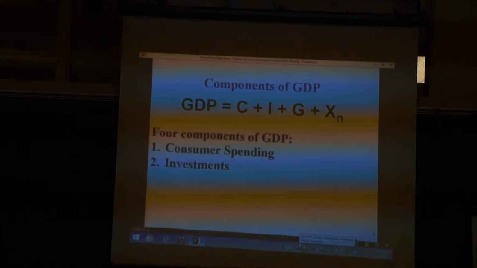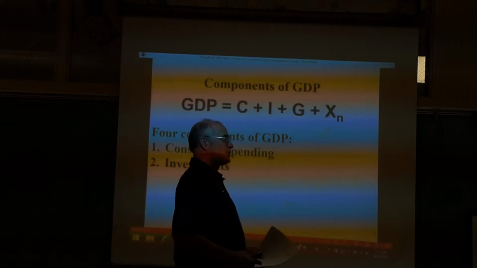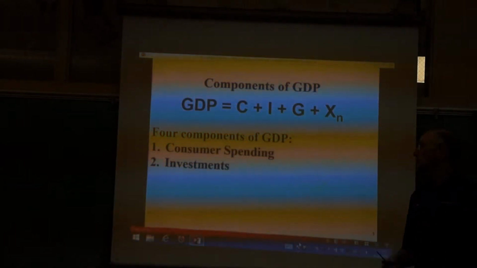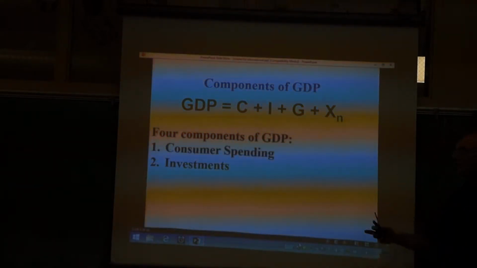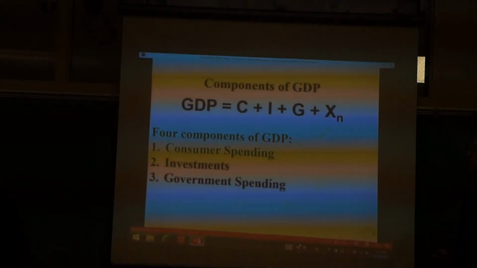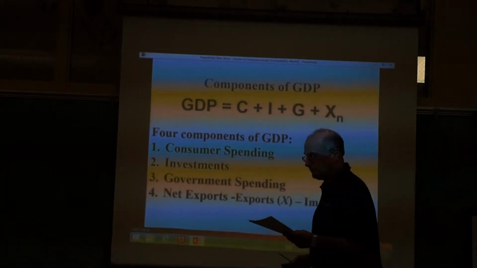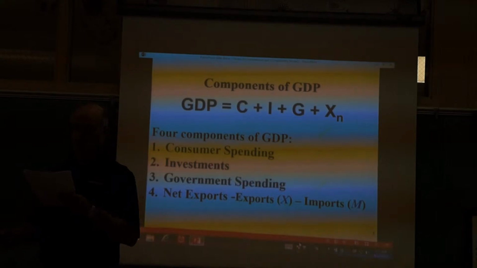We're talking about capital goods, things that produce things. So factories, equipment, computers. The third, government spending. And then the fourth, net exports, exports minus imports. That just makes up your GDP.